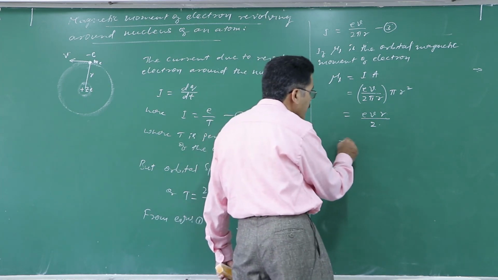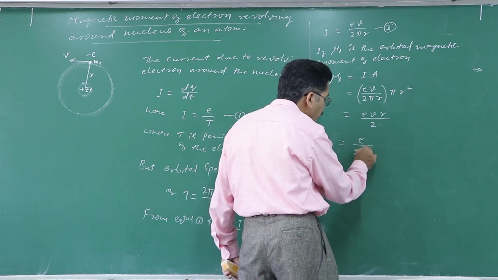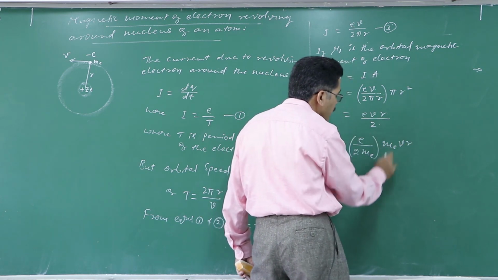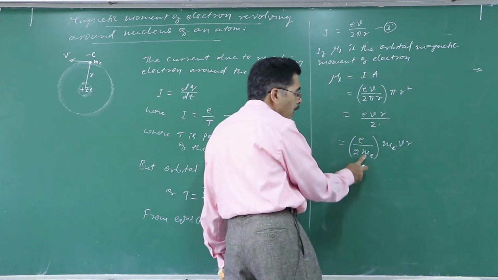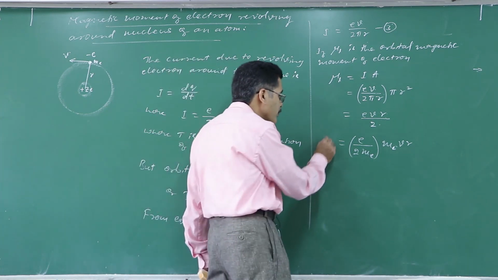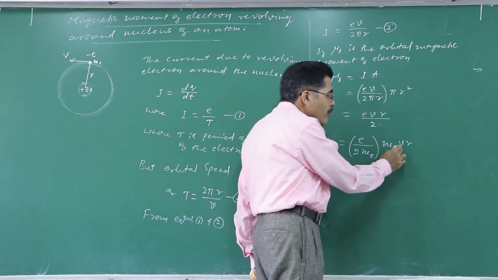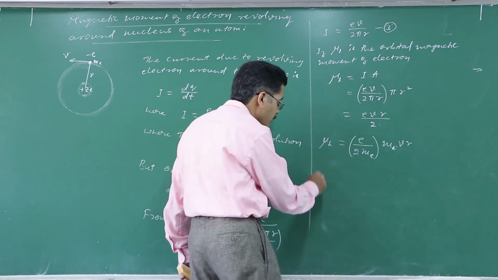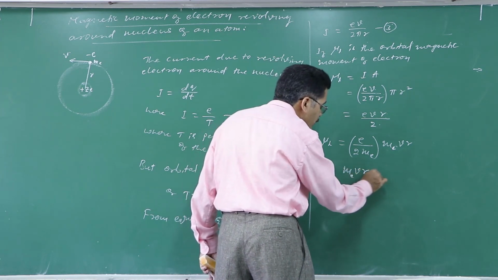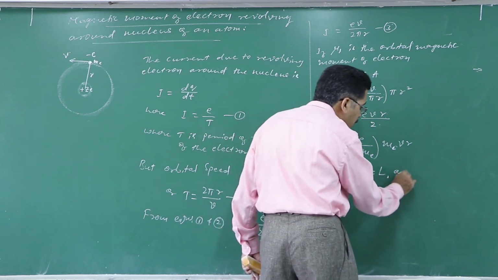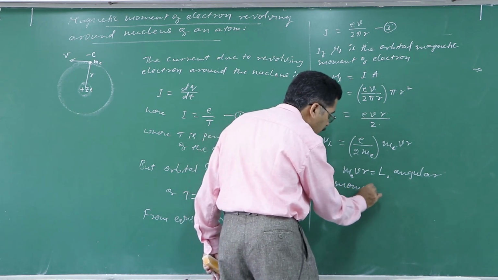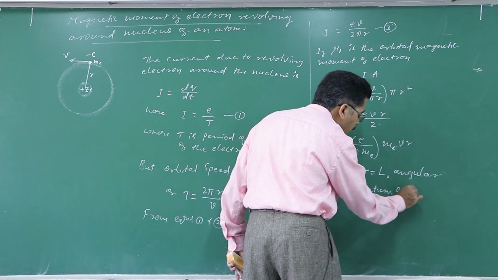I just rewrite this equation as e divided by 2me into me into vr. I can write like this. I have multiplied by me, mass of the electron, and divided this by me. This is mu L. See, but m v r is angular momentum, but m v r equals L, angular momentum of electron.